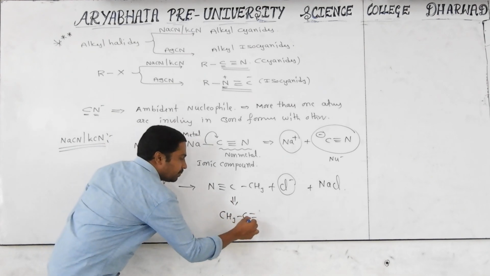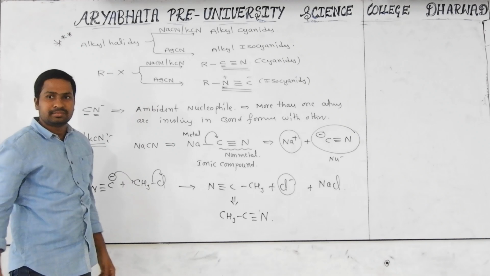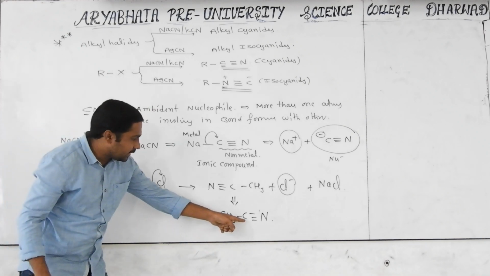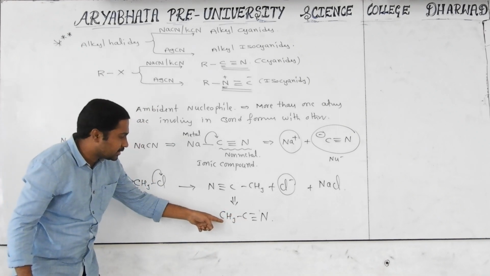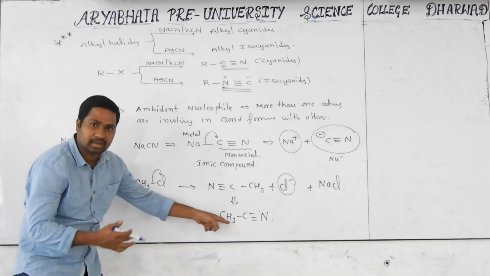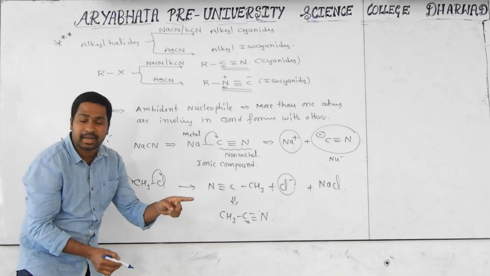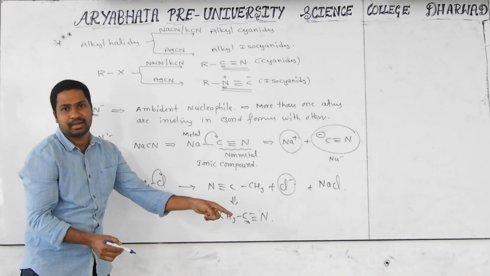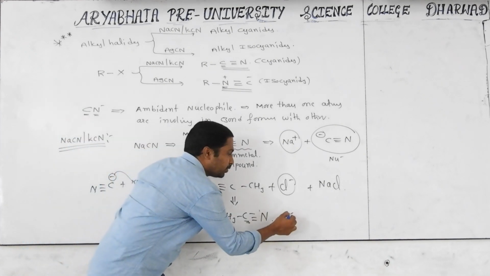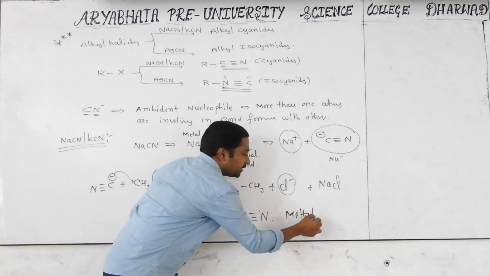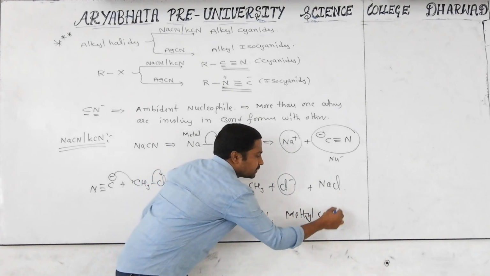CH3 C triple bond N. Yes, very clear. From cyanide, the connection with the other part is through carbon only. That's why this compound is called a cyanide, methyl cyanide. That's why these compounds are called methyl cyanides.